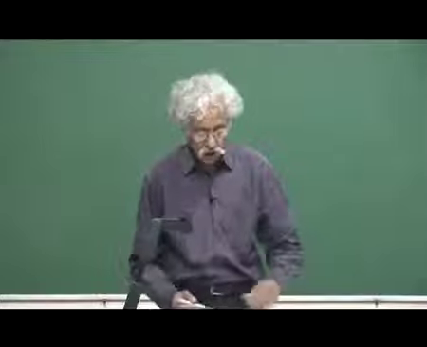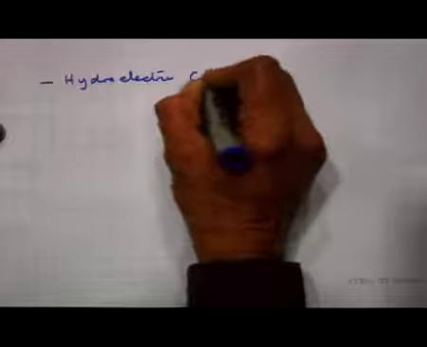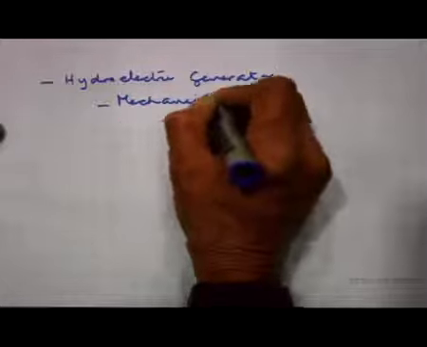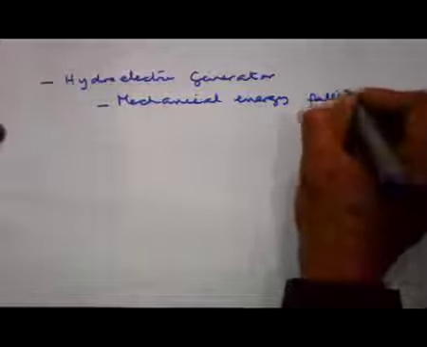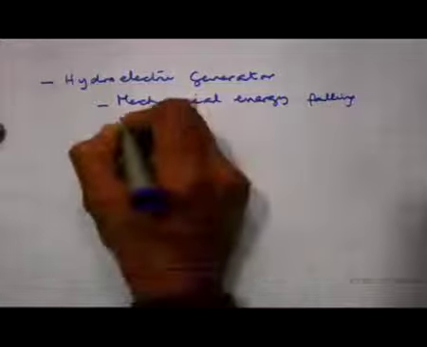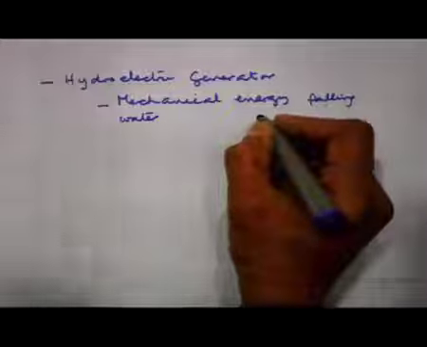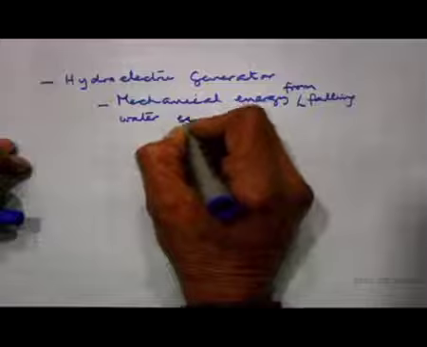So, there are different generators. One is, for example, a hydroelectric generator. Here the mechanical energy from falling water is what is converted, and this can happen in, for example, dams.